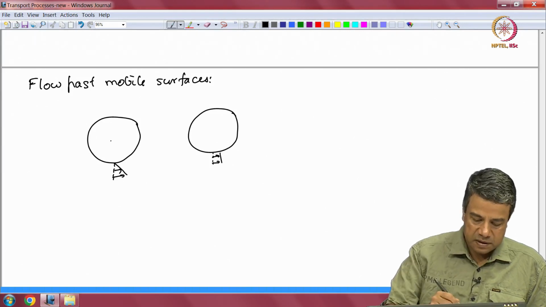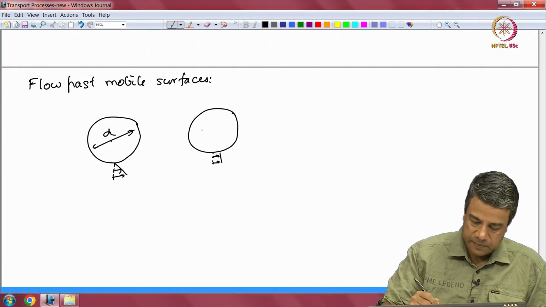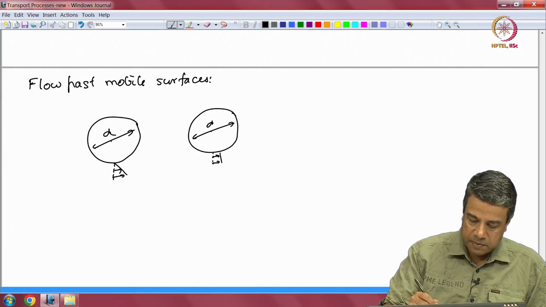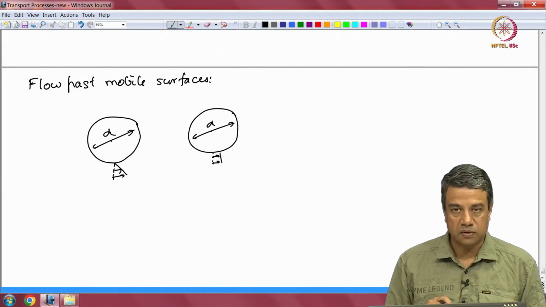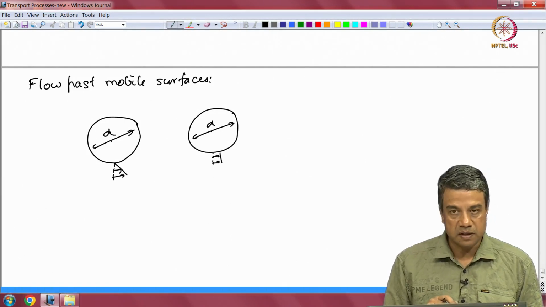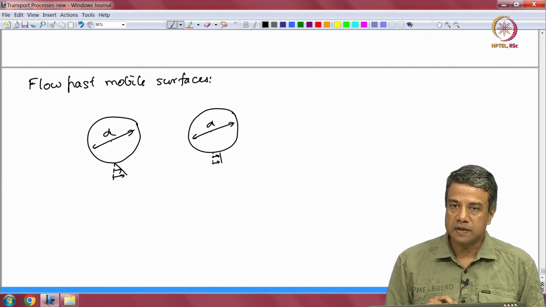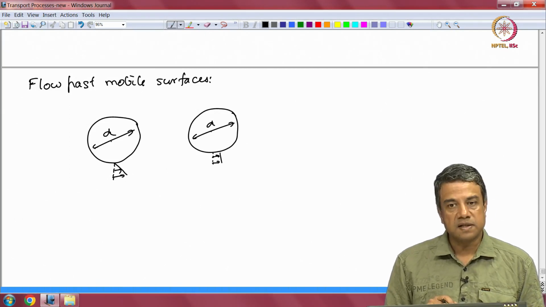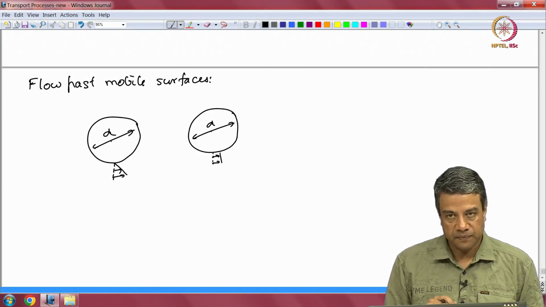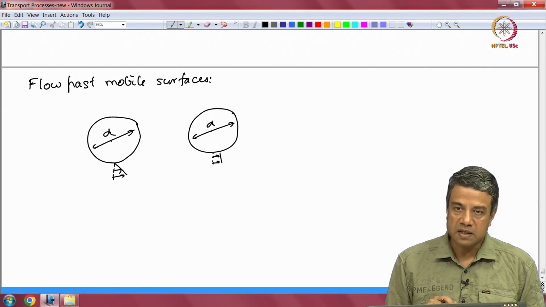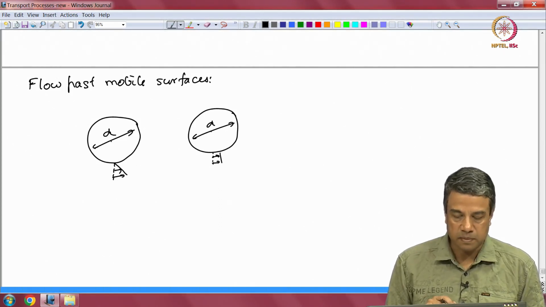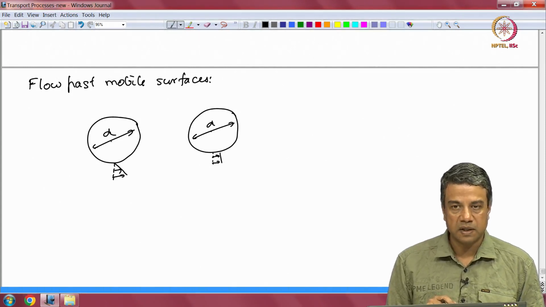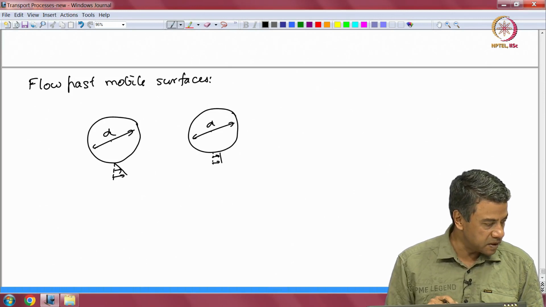The basic difference is that for the flow past a particle, the velocity of the fluid relative to the particle has to decrease to 0 at the surface, because there is a no slip condition. For the flow past a bubble, the velocity does not have to decrease to 0, there is a finite velocity at the surface itself. Therefore, the strength of convection along the surface has to decrease to 0 at the surface of a particle. It is non-zero at the surface of a bubble. Okay, that is the fundamental difference between the flow past a particle and the flow past a bubble.